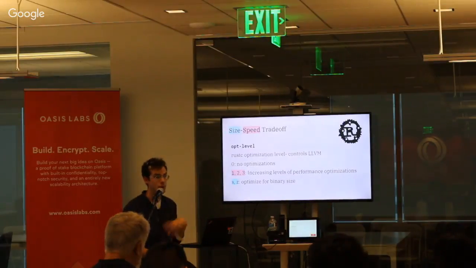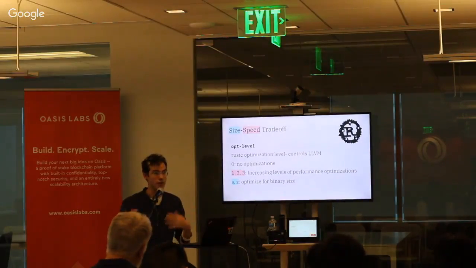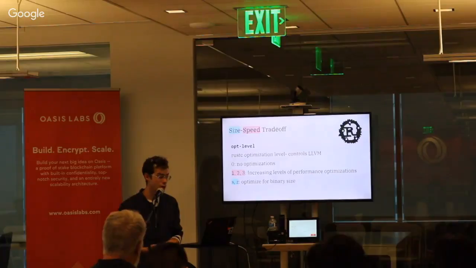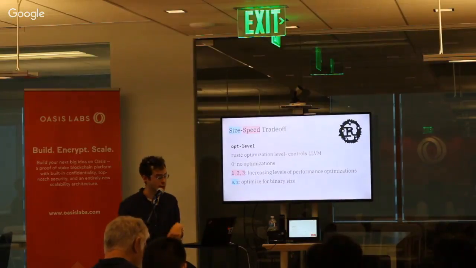When Rust compiles code, you can tell it increasing numbers from 0 to 3 of how many optimizations to run. The trade-off is that no optimizations will compile really fast, but the code will be slower, or you can say optimization level 3, and it'll really churn and look for certain kinds of optimizations and produce a binary which is fast.